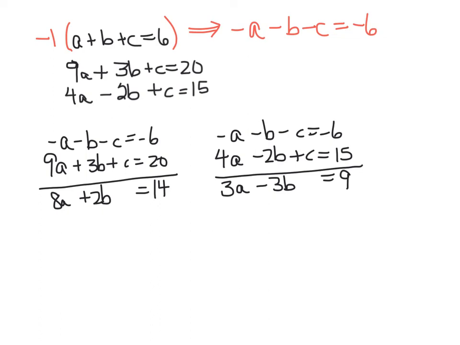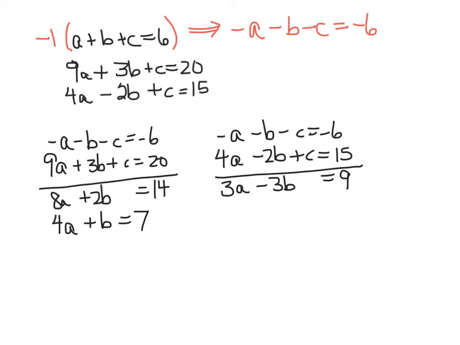Now both of these equations can actually be reduced. The first one I'm going to go ahead and divide everything by 2. So I get 4a plus b equals 7. This is a very useful technique, simplifying equations, because then my coefficients aren't as big, and then I usually don't have to multiply through by a constant to cancel with the other equation.